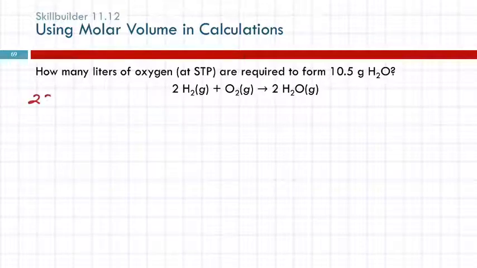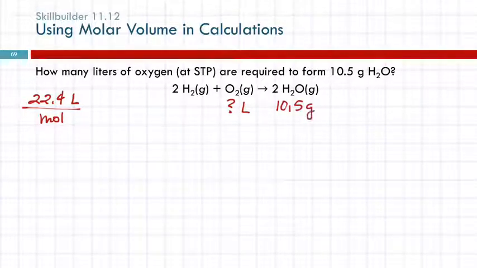So what are we asked here? How many liters of oxygen? So, question mark, liters, needed to form 10.5 grams of water. That's what they're giving me about the water, so I'll write that down here, 10.5 grams.